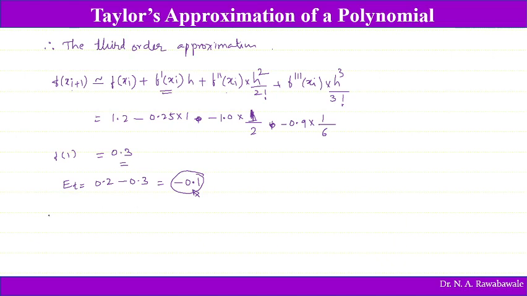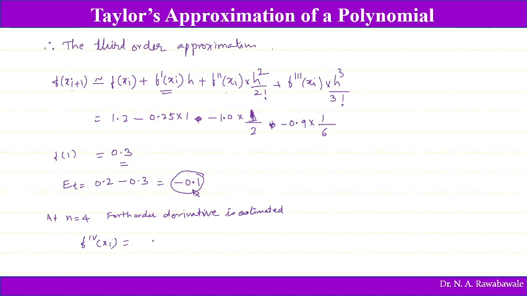Now at n is equal to 4, at fourth order, the fourth order derivative is estimated, f fourth of xi.